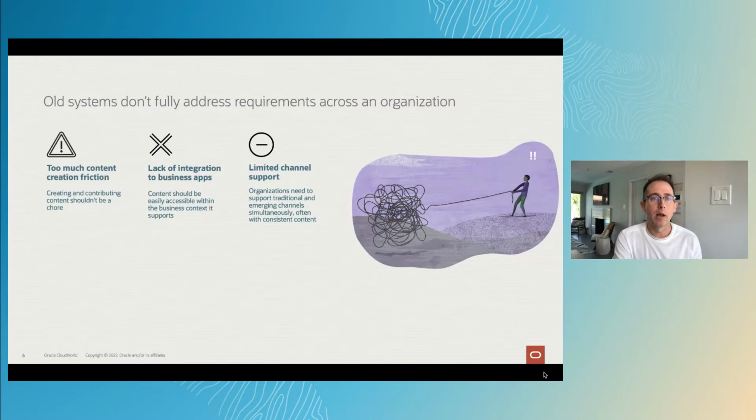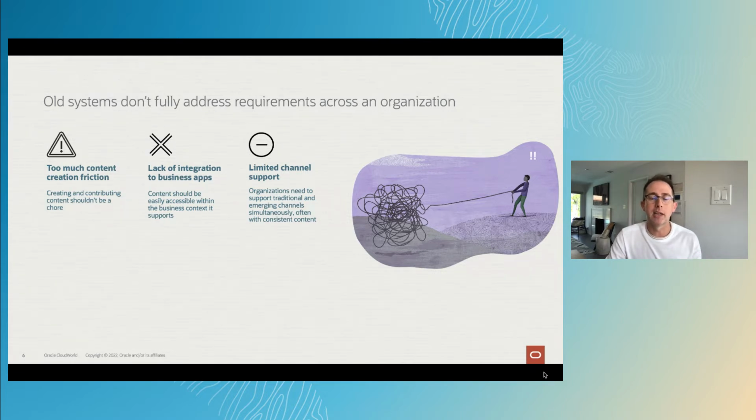Now, why is this happening? A lot of organizations are leveraging older content management systems that frankly were never designed to fully address all of the content management needs within an organization, and there are many of them. In some cases, there's too much content creation friction. Creating and contributing content shouldn't be a chore. And when it becomes a chore, guess what happens?